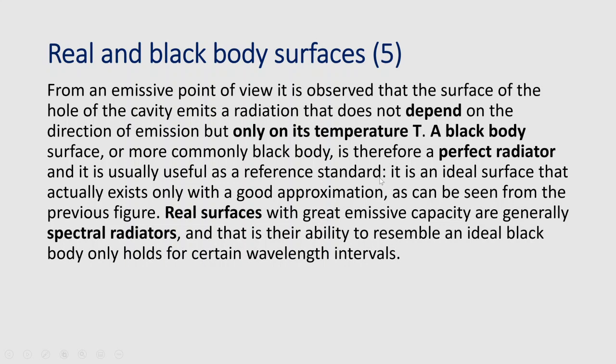As I mentioned a few minutes ago, it is an ideal surface that actually exists only with a good approximation, as can be seen from the previous figure. Real surfaces with great emissive capacity are generally spectral radiators, and their ability to resemble an ideal black body only holds for certain wavelength intervals.